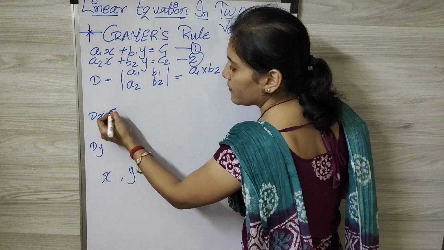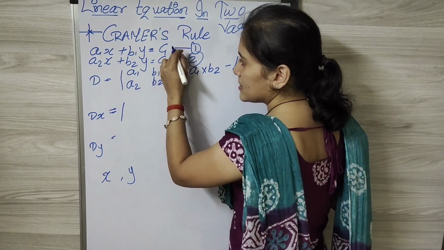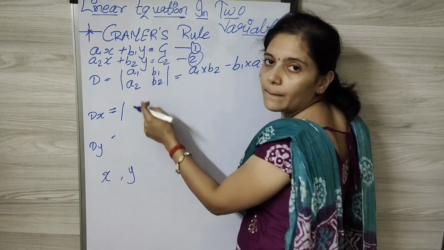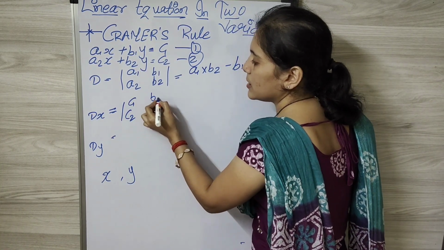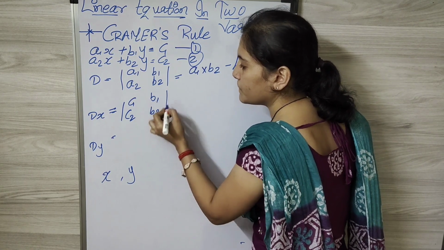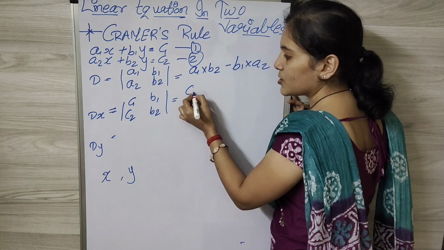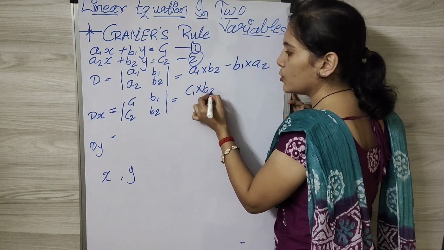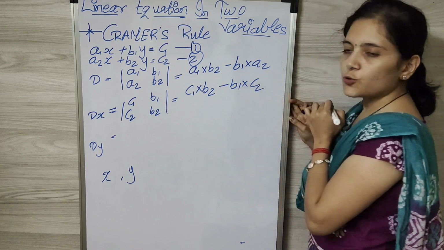For Dx we shift to the next term, that is C1 C2 B1 B2. Don't miss the sequence. C1 C2 B1 B2. Again the same method, cross multiplication: C1 into B2 minus B1 into C2.